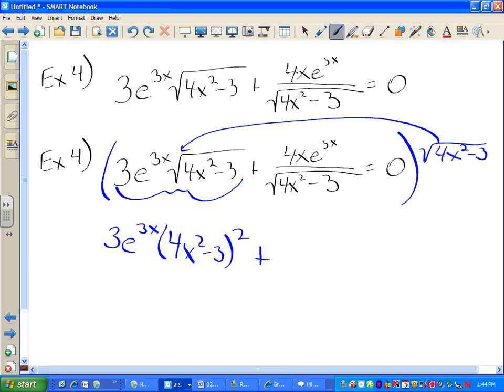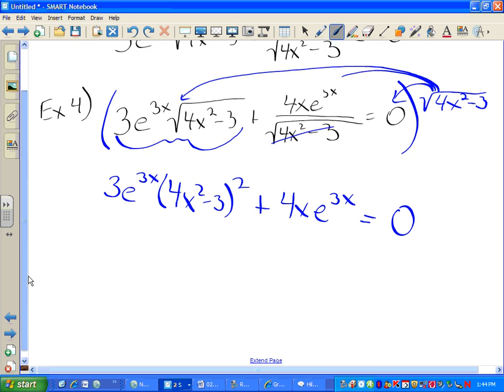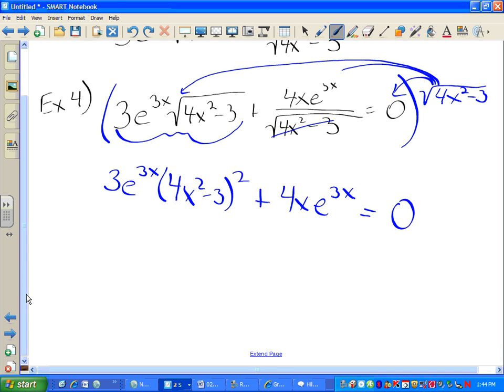Plus, this term just cancels out, and so we have our 4xe to the power of 3x equals, and of course, times 0 would just be 0. So now I have an equation with no fractions, which makes it a little bit nicer.